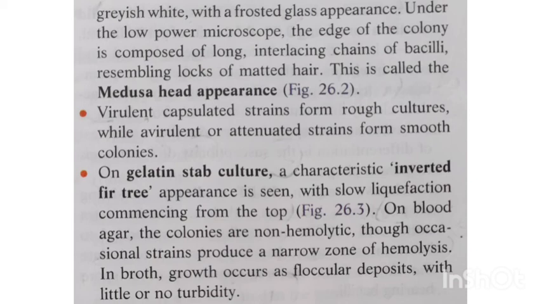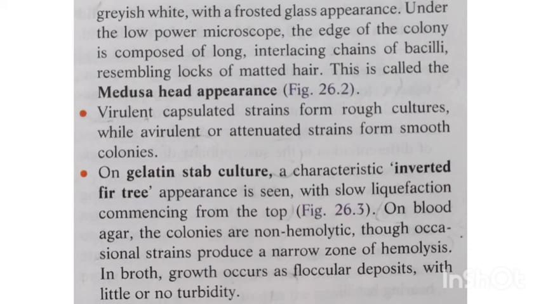Okay. Then, under the low power microscope, the edge of the colony resembles locks of matted hair, which is known as Medusa head appearance. That is, when we focus on the edge of the colony through a low power microscope, it is seen as matted hair. That matted hair appearance is known as Medusa head appearance. Okay.